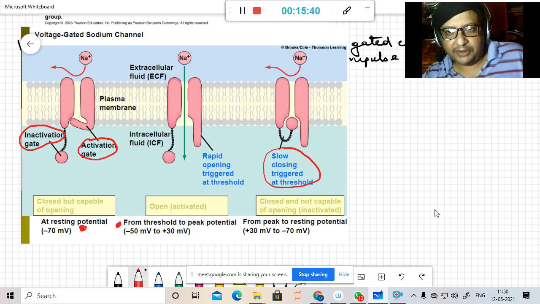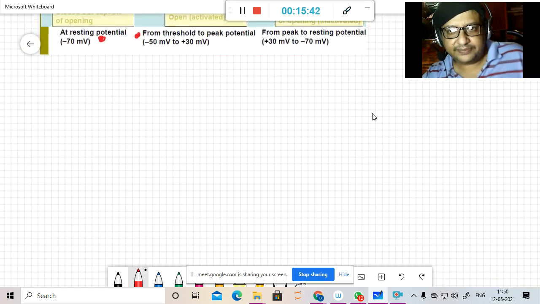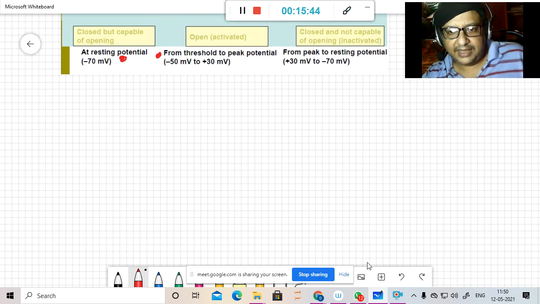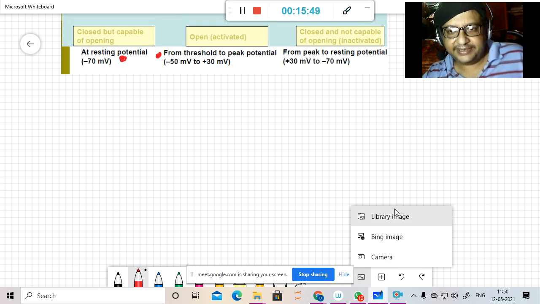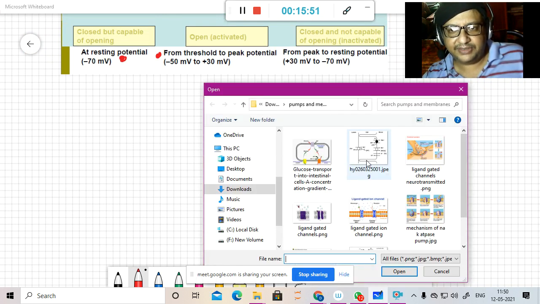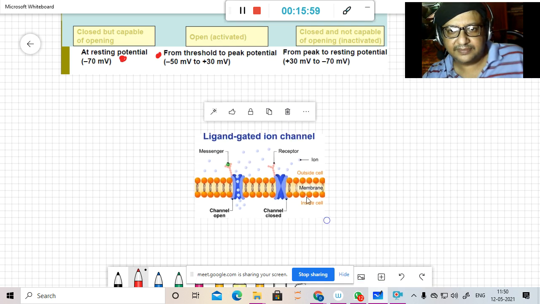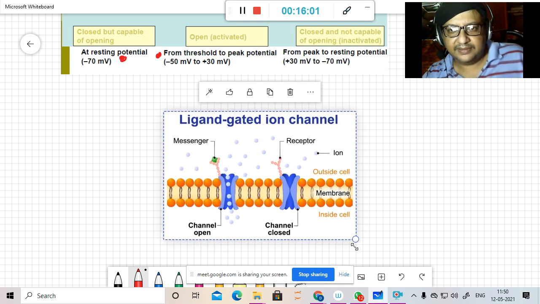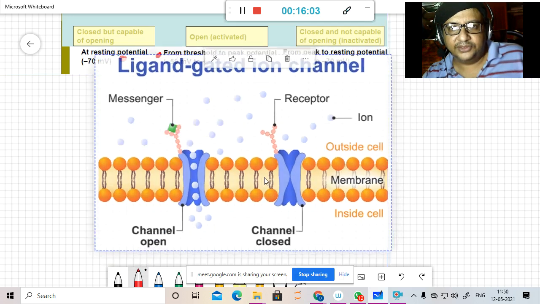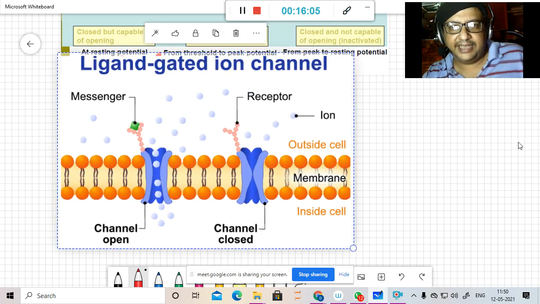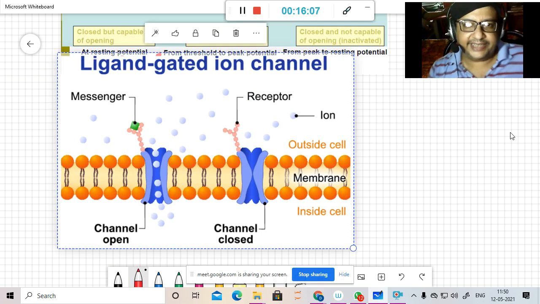Now let us talk about another channel, your ligand gated channel. Let's have a picture of a ligand gated channel. This is the channel.